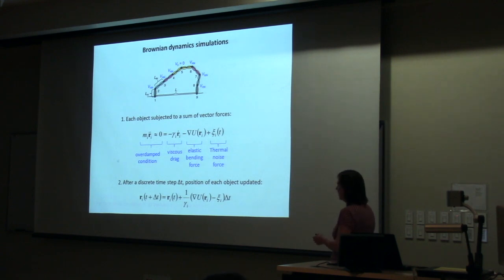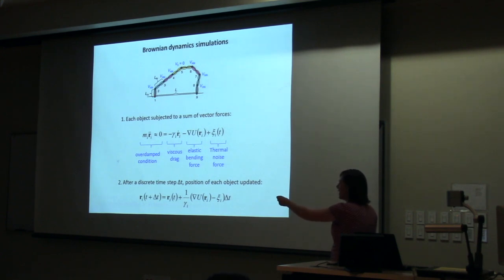So Brownian dynamics simulations, the approach is as follows. I divide the molecule up into discrete points. You can see these black points along the molecule. And I'm going to keep track of the position of those points. So for each point, I want to think about what are all the forces acting on that object, right?